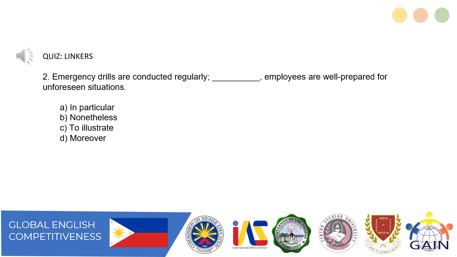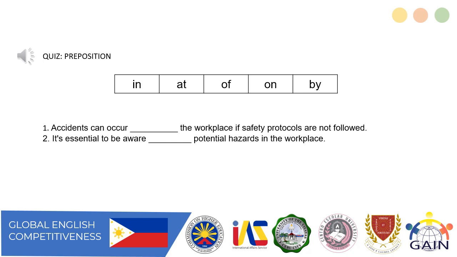This one is the appropriate linker because it adds information that strengthens the previous statement. In this case, it suggests that conducting emergency drills regularly is not just a routine, but has an additional positive outcome: employees being well prepared for unforeseen situations.